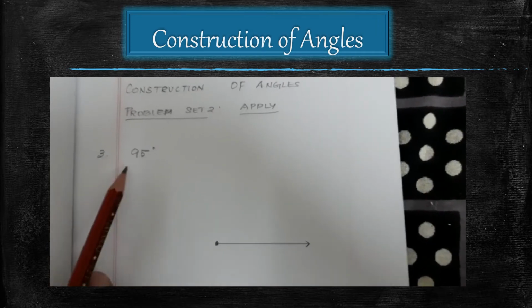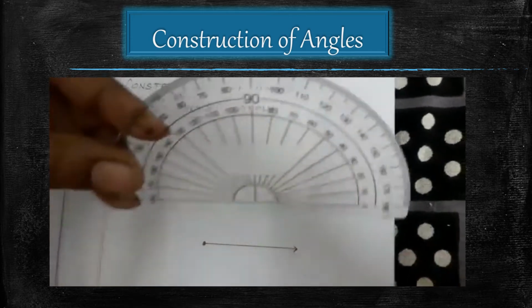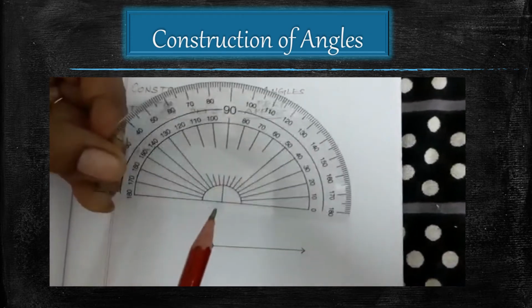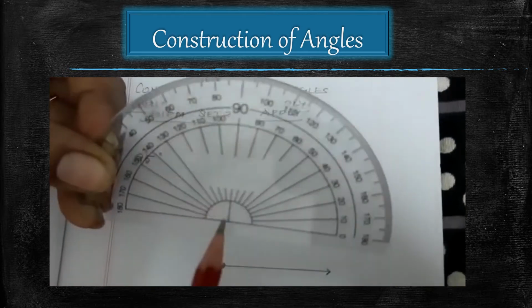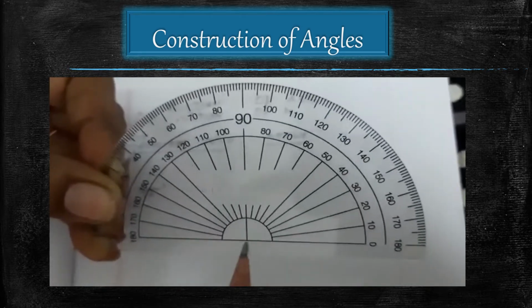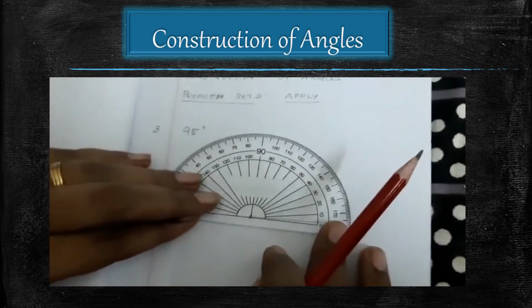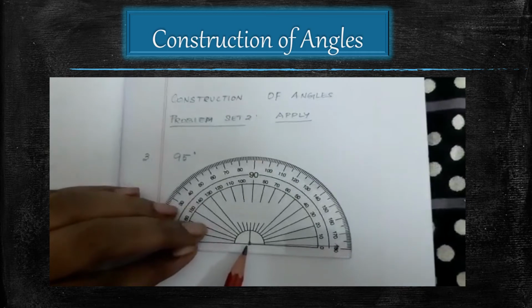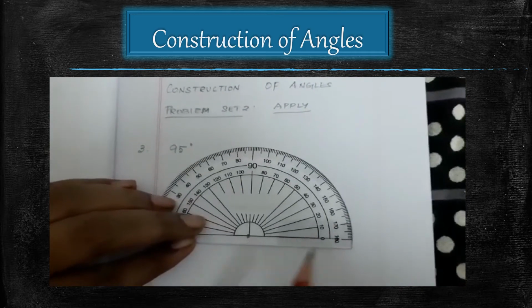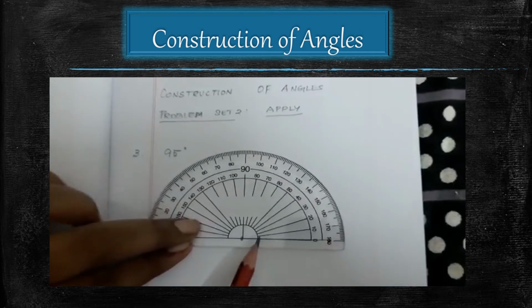Now I have to draw an angle of 95 degrees. As I said, when we measure an angle, the midpoint of the protractor should exactly touch the vertex, and this line should coincide with the arm of the angle. So let me keep the midpoint exactly on the vertex and the arm on this 0 degree.